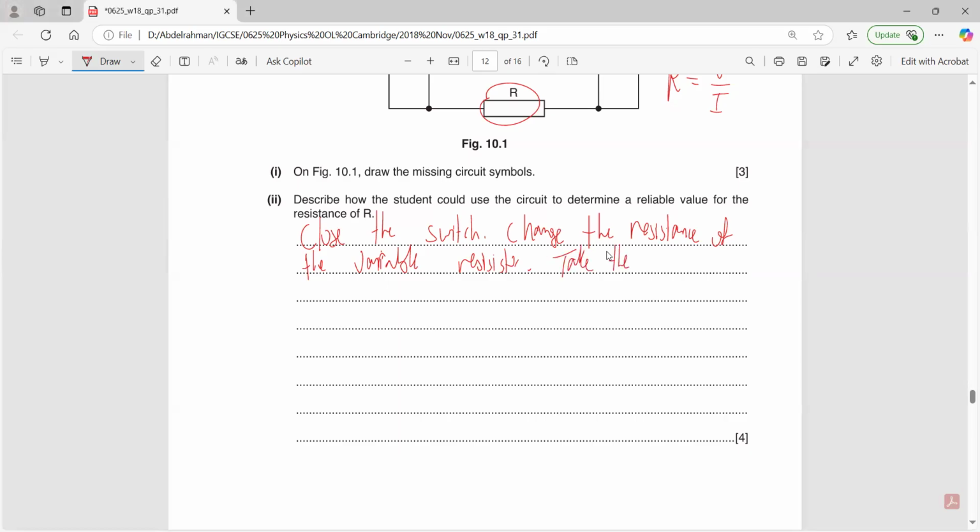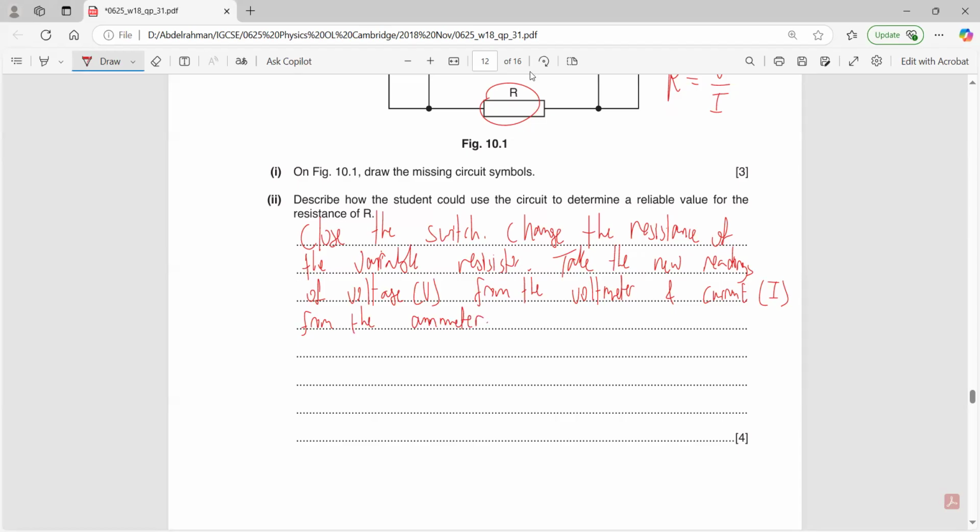Take the new readings of the voltage V from the voltmeter, and current I from the ammeter.